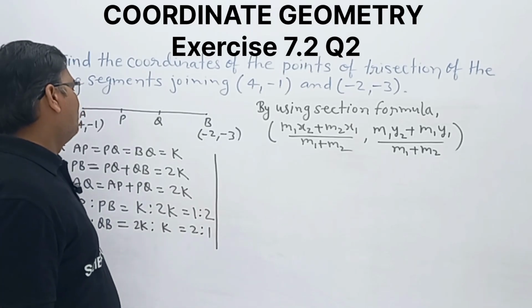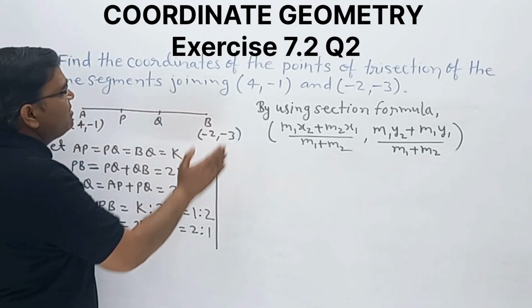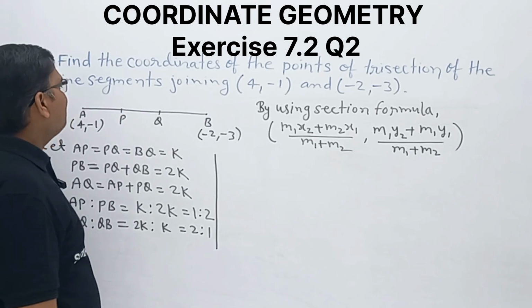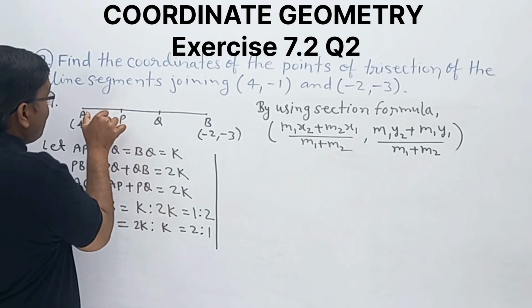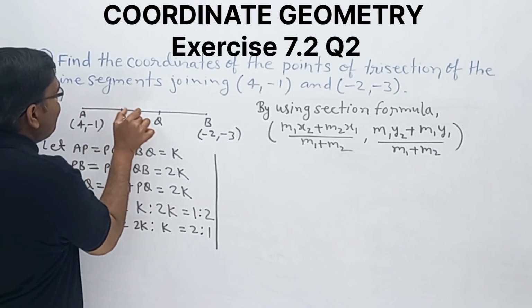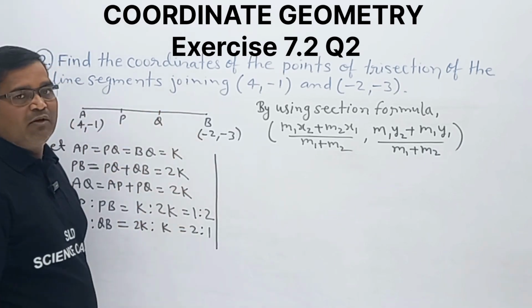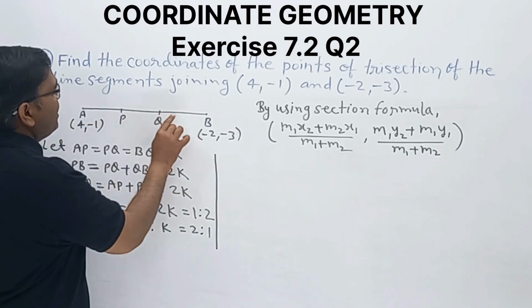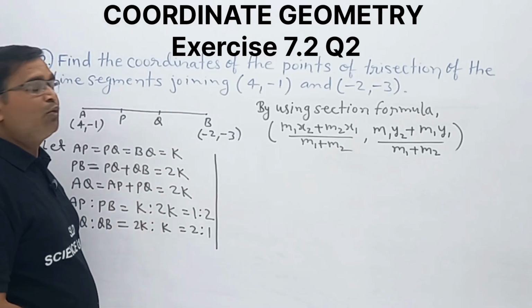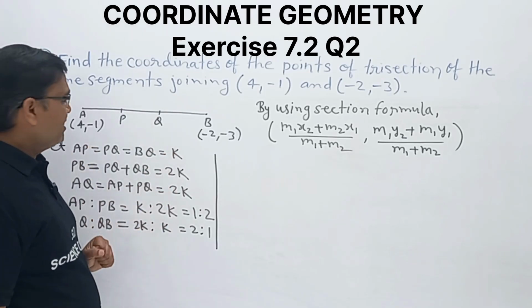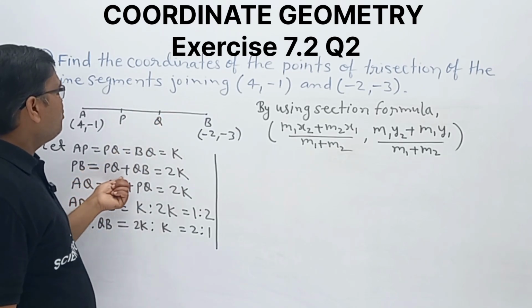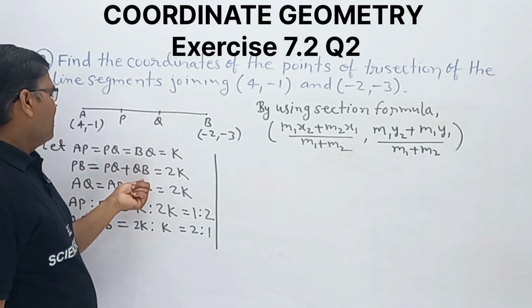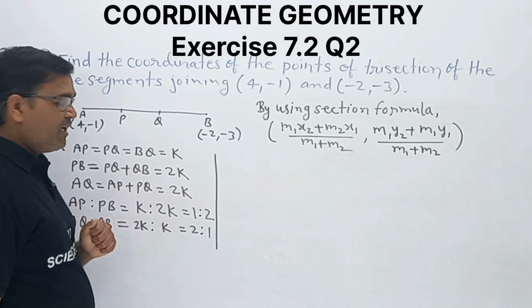Clear? Once we divide this line segment in three parts, what are the three parts? AP, PQ and QB. We are assuming these are equal, K. So PB can be written as PQ plus QB, which equals 2K.